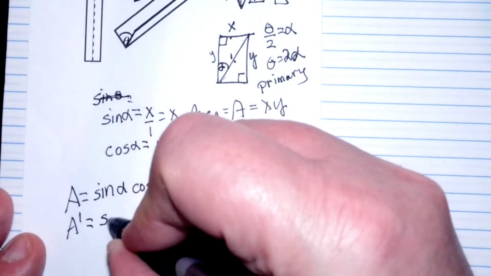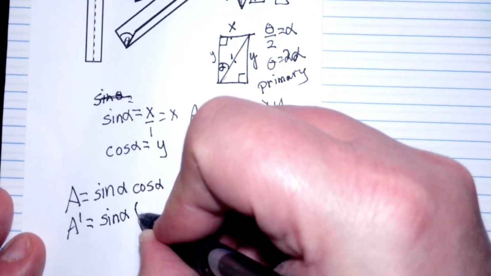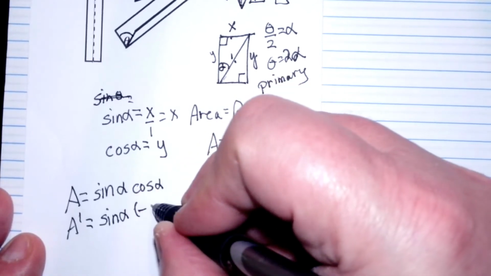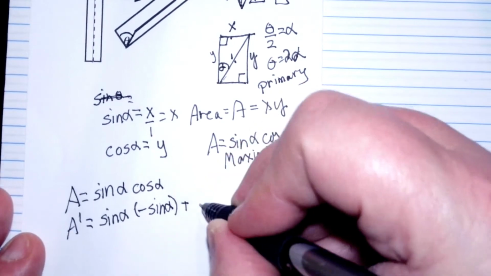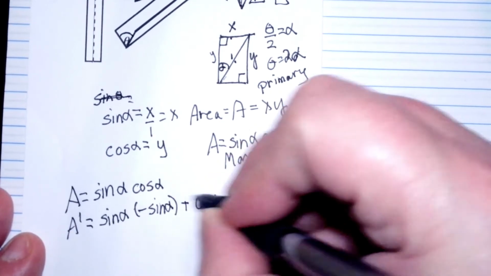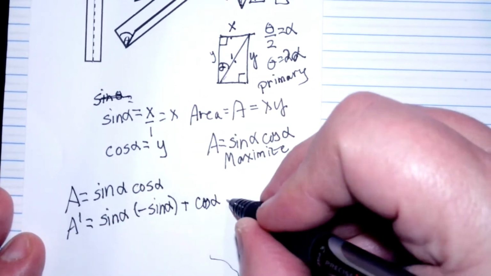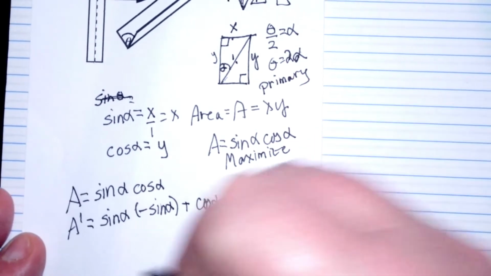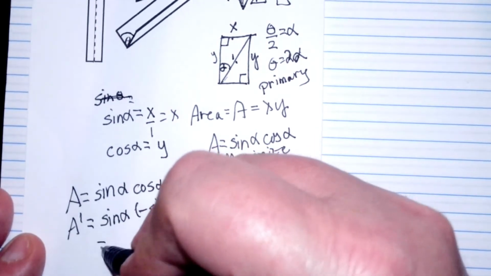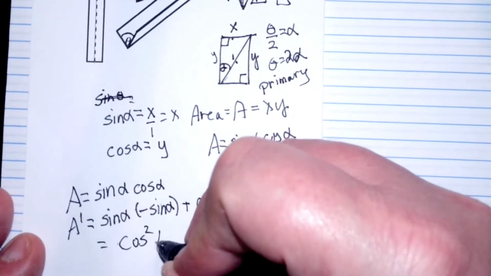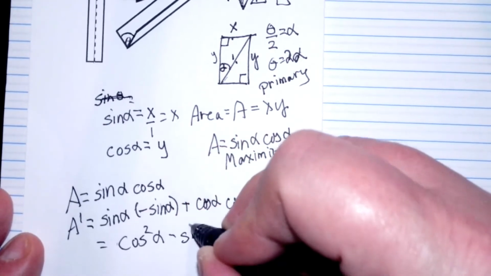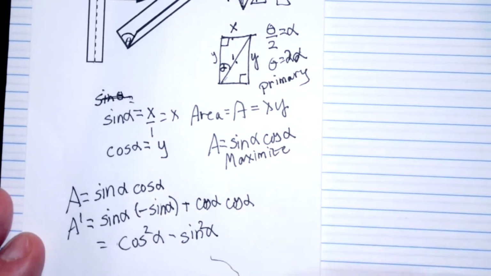So we will have sine alpha times the derivative of cosine, which is negative sine alpha, plus the cosine of alpha times the derivative of the sine of alpha, which is the cosine of alpha. So that's cosine squared of alpha minus sine squared of alpha.